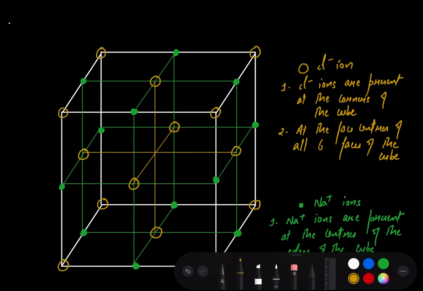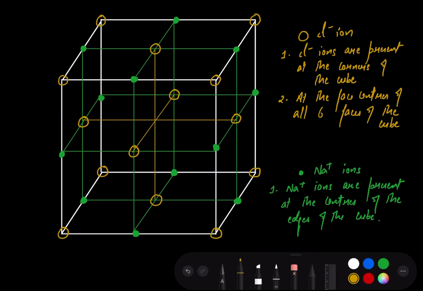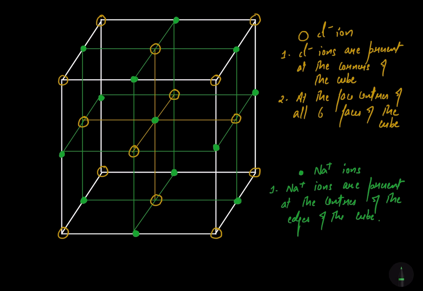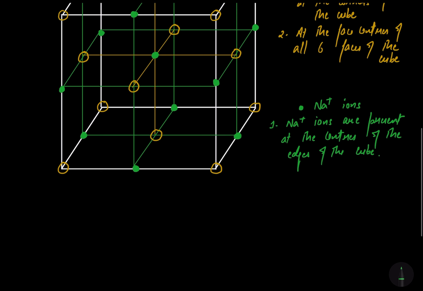So that's it. Now I'm left with one Na positive, which is present at the exact body center of this cube. The second position of Na positive ion is at the body center of the cube.